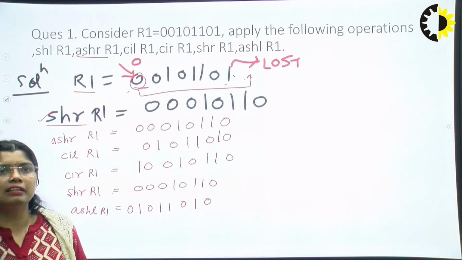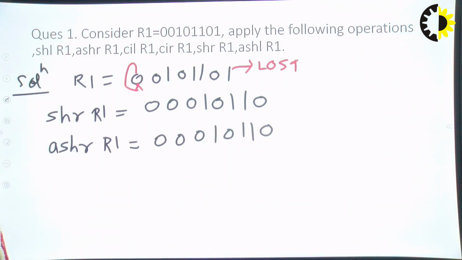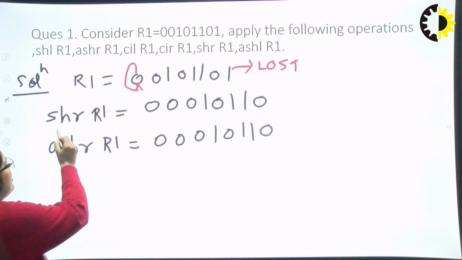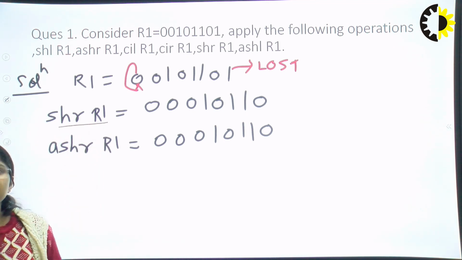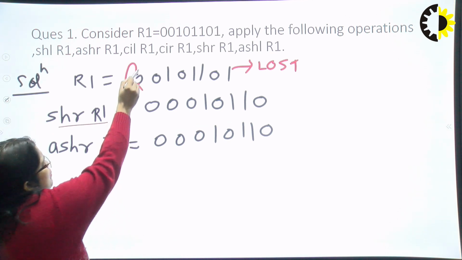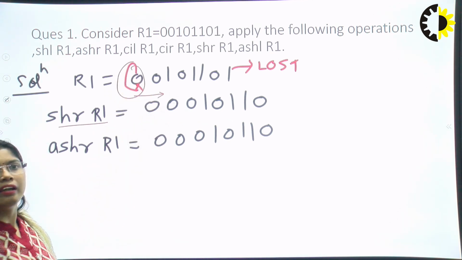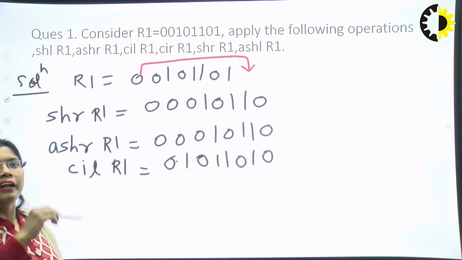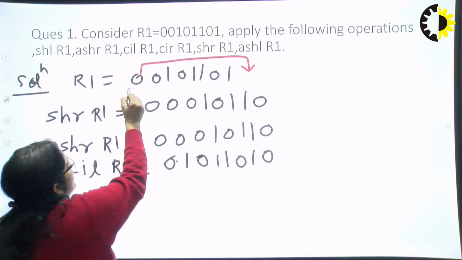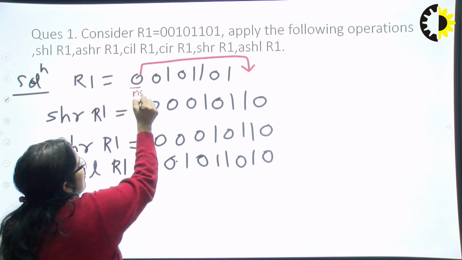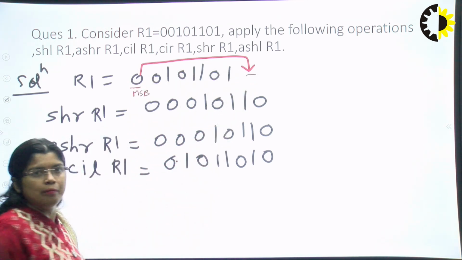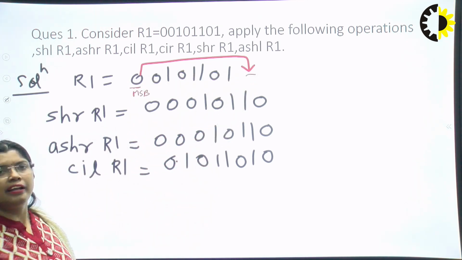So just revising. First, whatever R1 is there, you can write SHR R1. ASHR R1 means including this bit, we shift the bits and the last bit will be lost. In the CIL R1, this MSB goes to the LSB side.